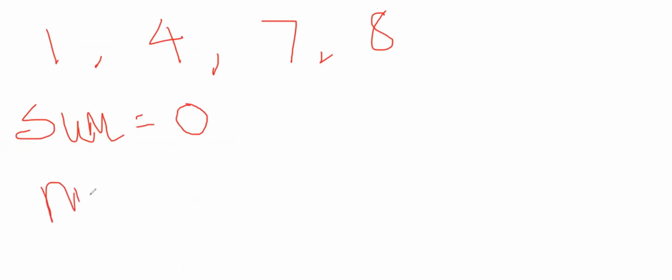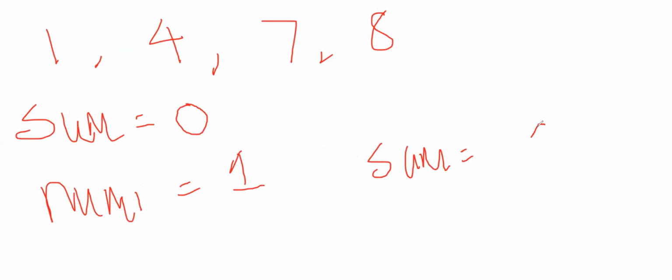You're going to start off with sum equal to 0, right? Then you pick the first number. Number 1 is equal to 1. And you're going to add it to the sum. So your sum is going to become 1. Now you're picking the second number, which is 4.